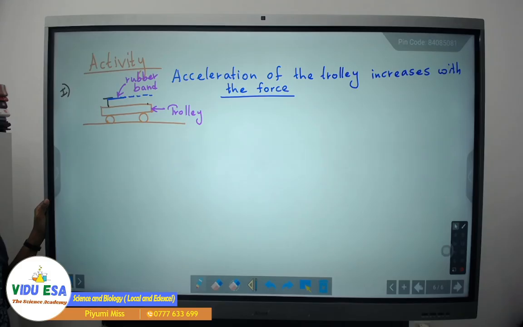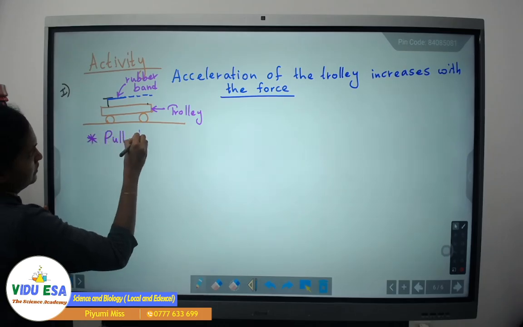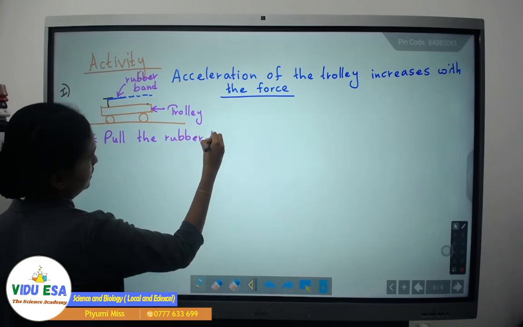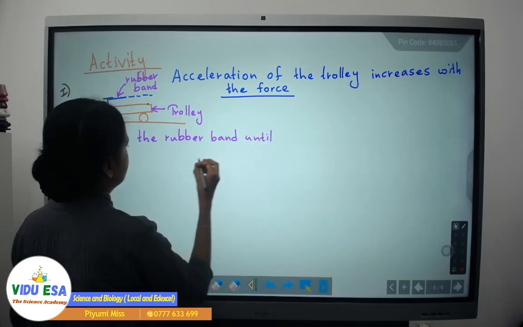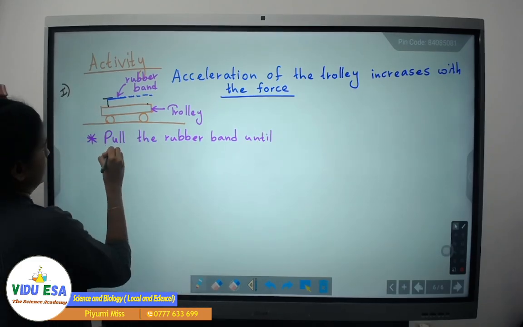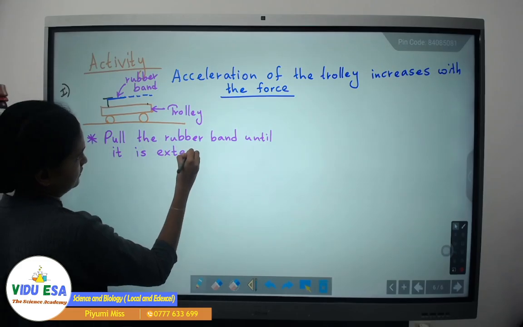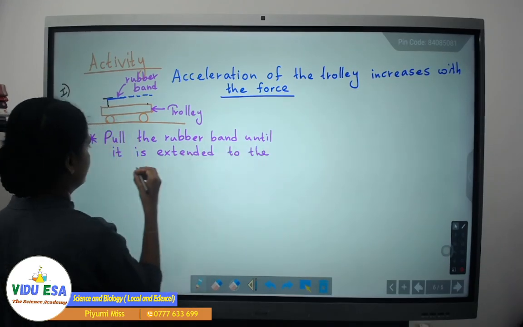We are pulling the rubber band until it is extended to the other end of the trolley.